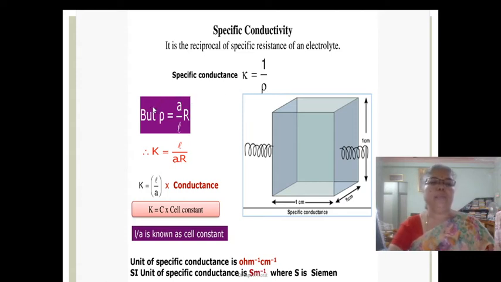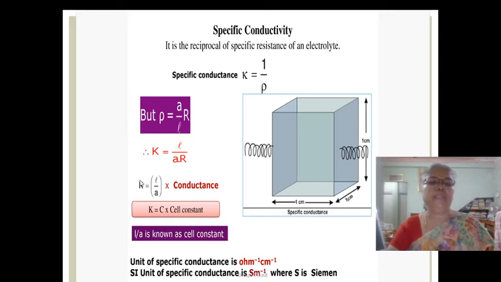Again, as we have seen, R is equal to rho into L by A. Therefore, rho is equal to A by L into R, and therefore 1 upon rho, that means kappa, is equal to L by A into R. For L equal to 1 and area of cross section A equal to 1 square centimeter, this factor becomes unity, and 1 by R is nothing but conductance.